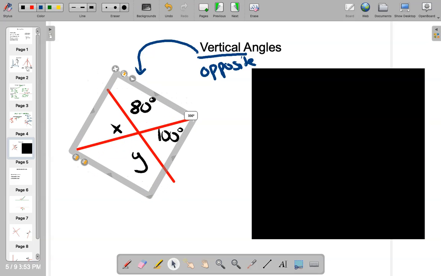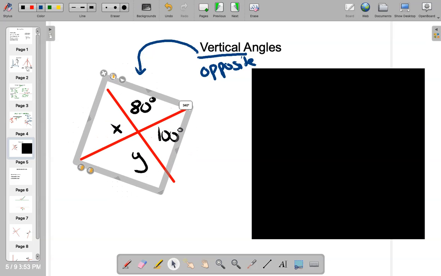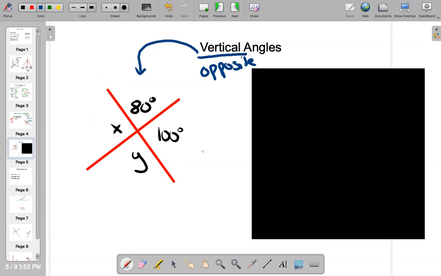And if I rotate it this way, the angles on the left and the right change in the same way as well, which means that when you have vertical angles or opposite angles, they are always equal.